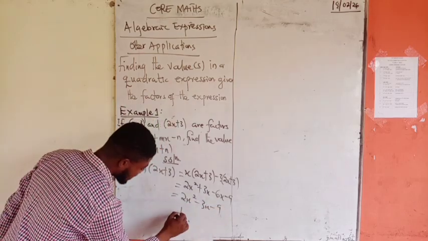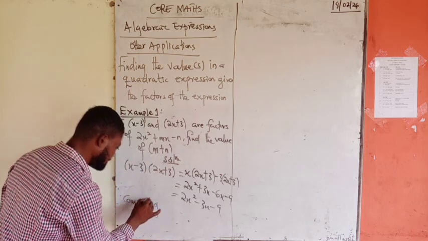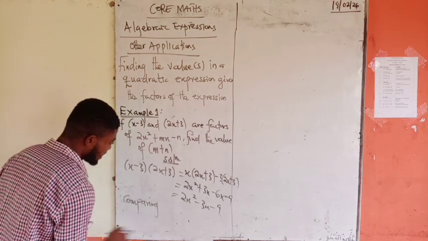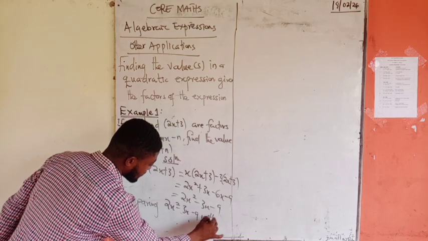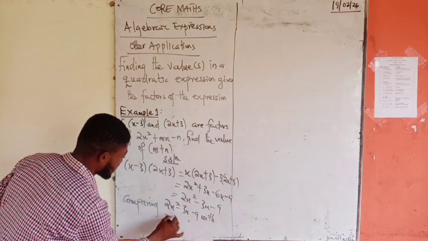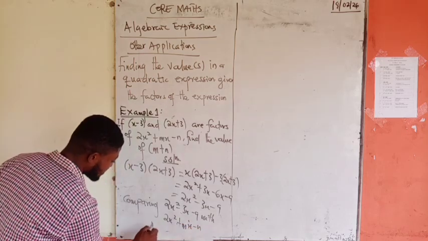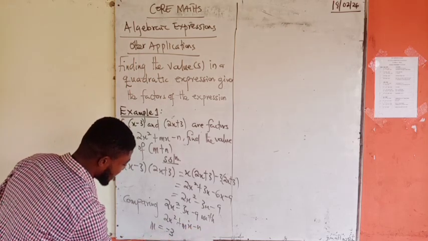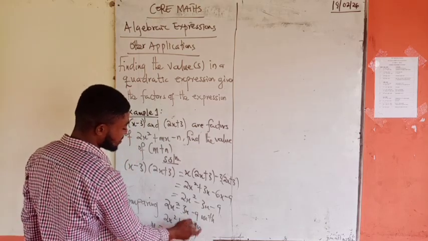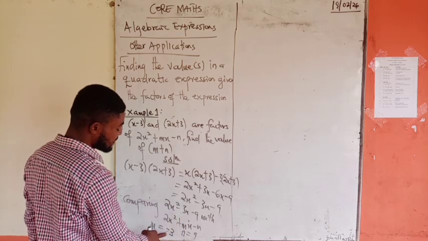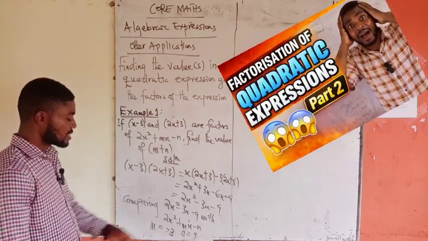So I can see clearly that comparing 2x squared minus 3x minus 9 with 2x squared plus mx minus n, I can see that m is equal to negative 3 and then n is equal to 9, because here is negative already, so n is equal to 9 and then m rather is equal to negative 3, because if you put the positive 3 over there, it will not work, because here is plus.